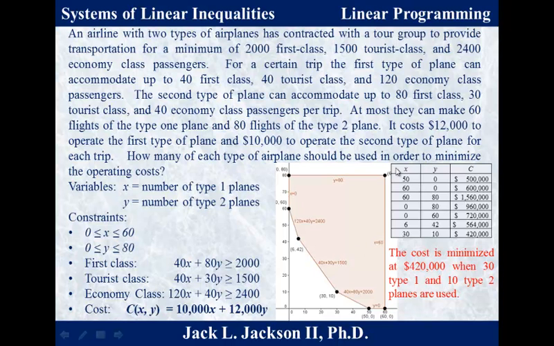Okay, so there's the worst case scenario there. The best case was this one right here at 30 of type 1 plane and 10 of type 2 planes. Okay, that occurs right there, and it's going to cost them 420,000 when we do that.